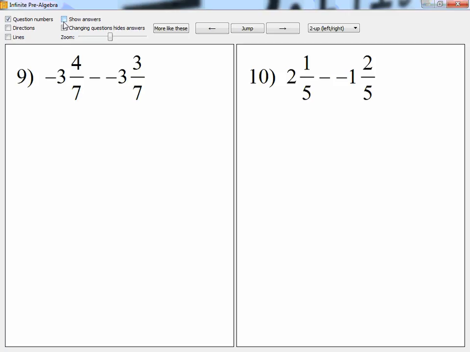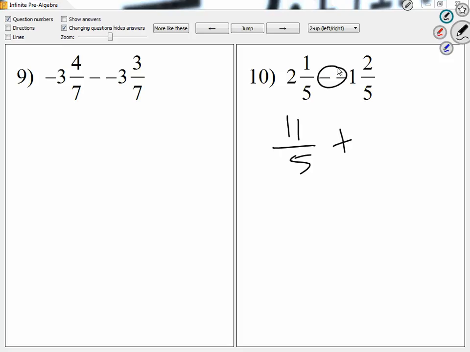Looking at number 10, for the first fraction, I have to copy the 5 at the bottom. What do I have on top? 11. Good. Then I'm going to write plus, because remember 2 negative signs together make a plus sign. For the second fraction, I have a 5 at the bottom. What do I have on top? 7. So let me copy the 5 at the bottom. 18 over 5. Good.